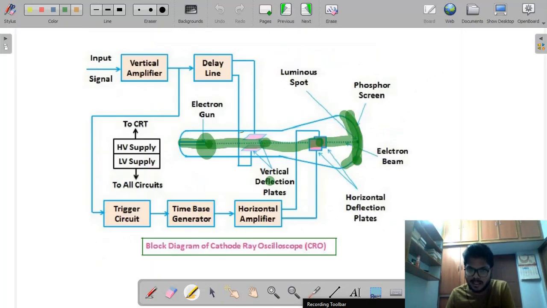This screen is made up of phosphorus. Why phosphorus? When an electron strikes it, phosphorus gives off a spark on the screen, so that we are able to see everything.